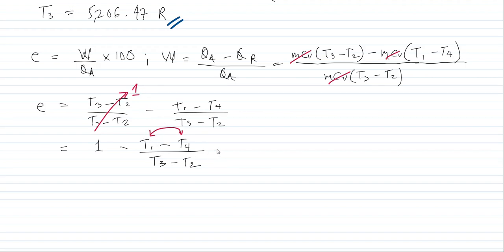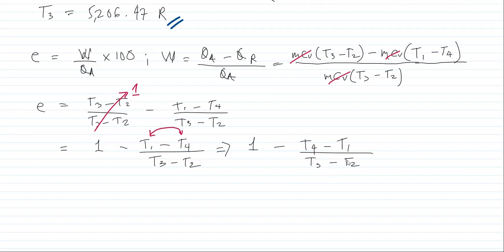It should become 1 minus T4 minus T1 over T3 minus T2.